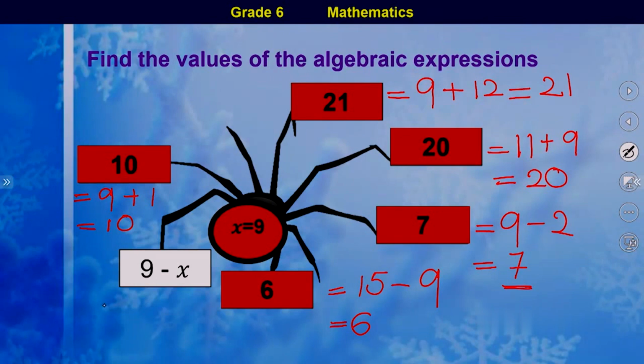Shall we substitute? 9 minus, instead of x, I can use 9 because we know x equals 9. What is 9 minus 9? It is 0. Okay, well done. We got all the answers.